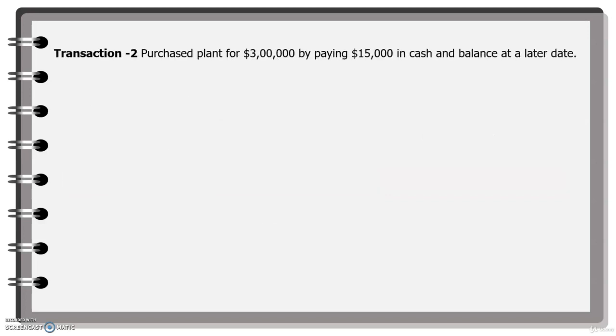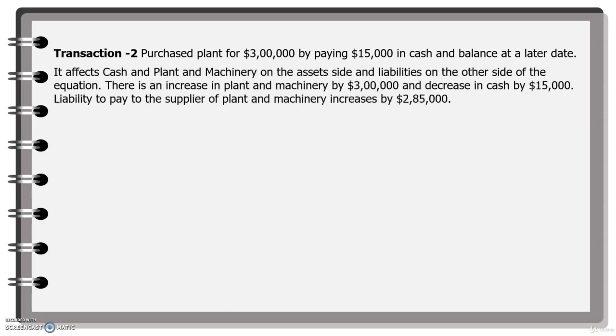Transaction 2: purchased plant for $300,000 by paying $15,000 in cash and the balance at a later date. This transaction will affect plant, because plant and machinery, an asset, is coming in. This will also affect cash because $15,000 cash is going out.